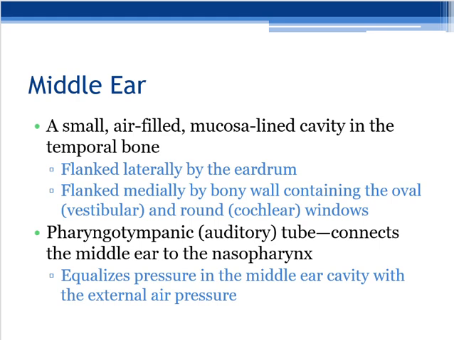The oval window leads to the vestibular structures and the round window leads to the cochlear structures. And these are just thin areas of that medial wall. We also saw the pharyngotympanic or auditory tube, and that connects the middle ear to the nasopharynx, the upper part of the throat, to equalize pressure in that middle ear cavity with the external air pressure.